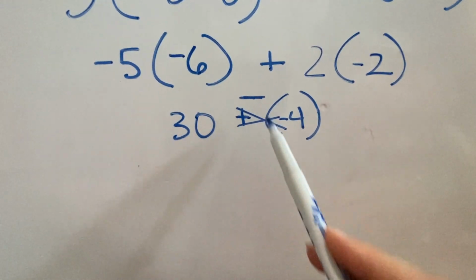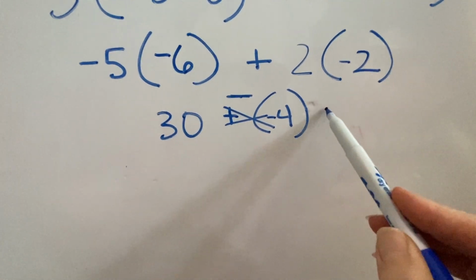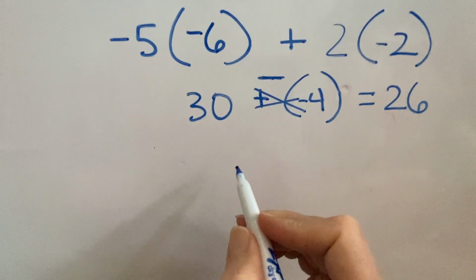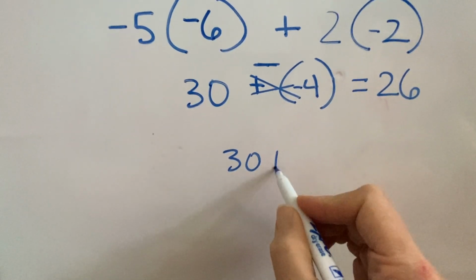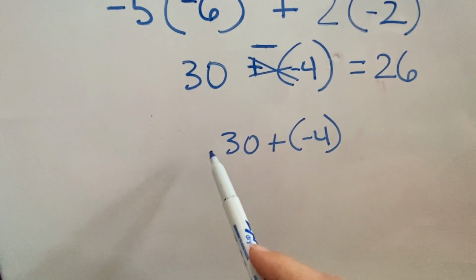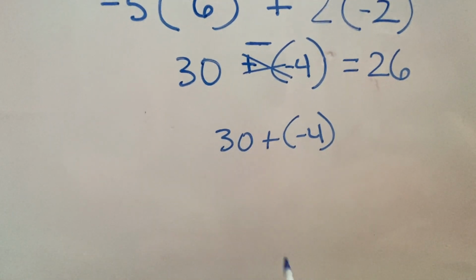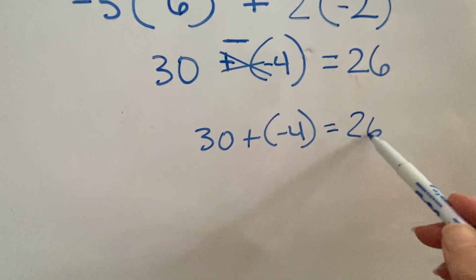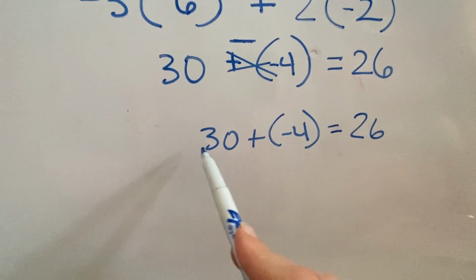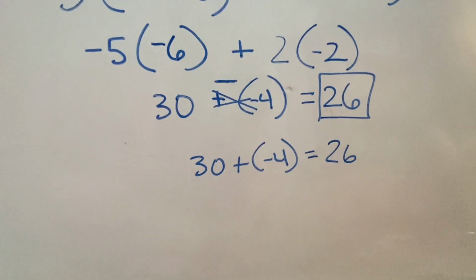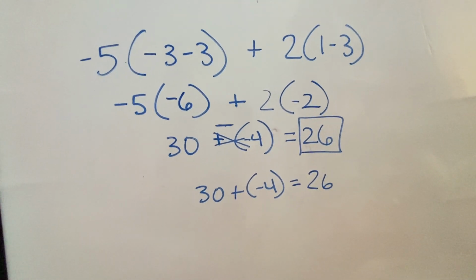So 30 minus 4 is 26. You could have also said here, when it was 30 plus -4, okay, this is a -4 and this is a positive 30. Two different signs. You subtract them. 30 minus 4 is 26. And this is the bigger number and it's positive, so that's why my answer is positive. Either way, you're going to get the same answer. So 26 is the answer to this question.